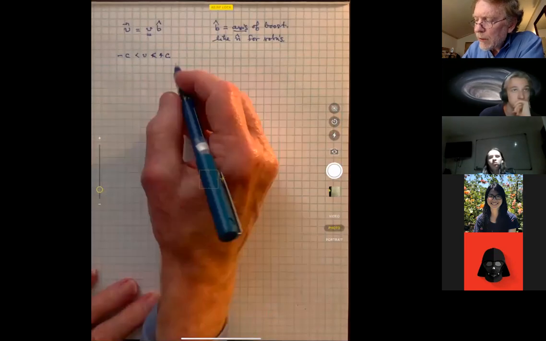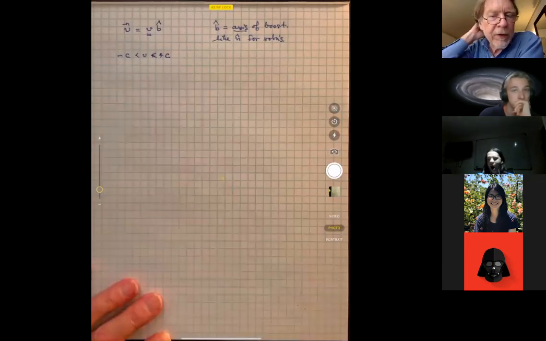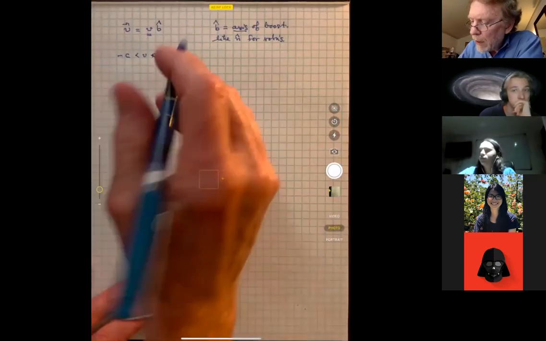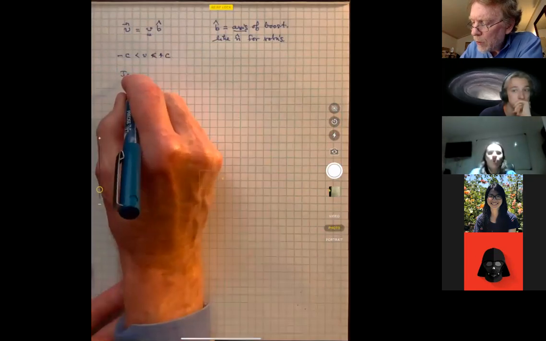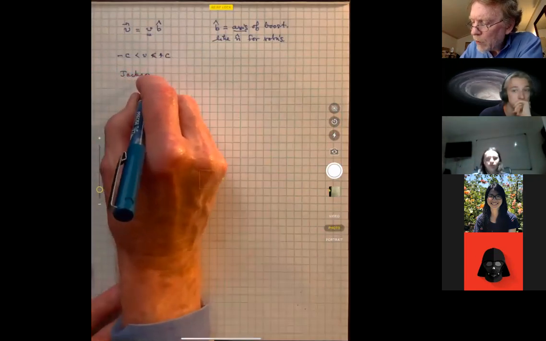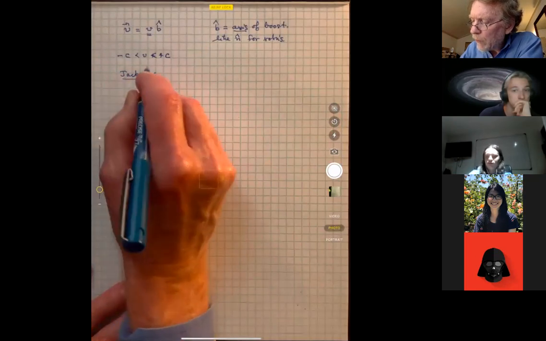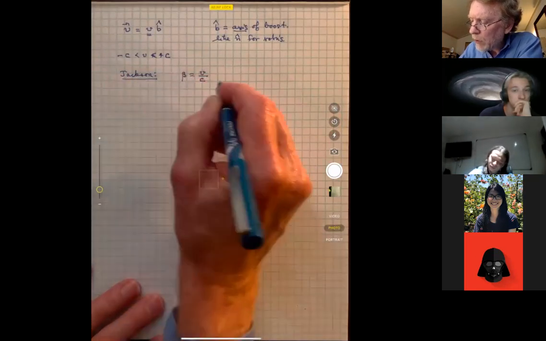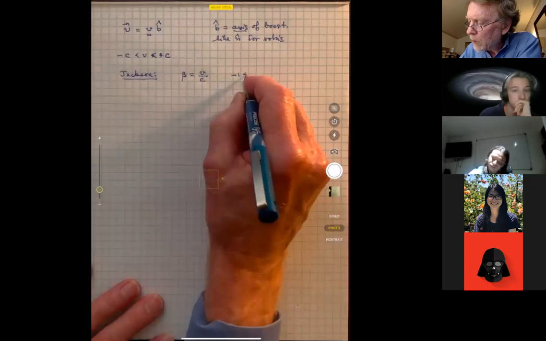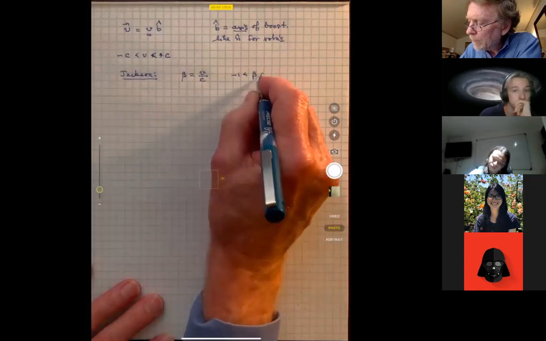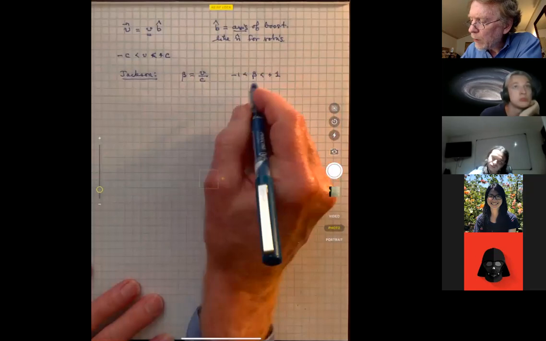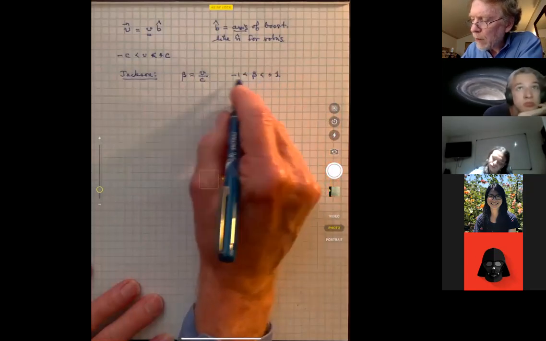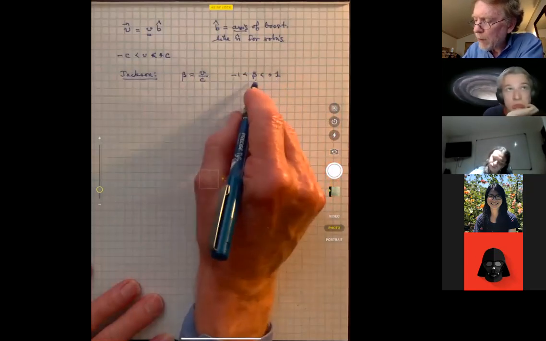Now, if you study Jackson's book, which maybe you didn't, because I don't know if they still use it, but Jackson has a commonly used set of parameters for describing relativistic phenomena. One is what he calls beta, which is just a dimensionless velocity. It's v over c. This ranges between -1 and +1, where -1 and +1 are basically at the speed of light, measured in terms of beta.